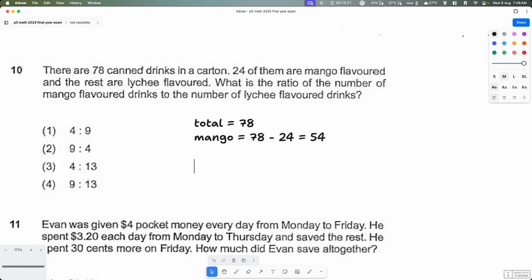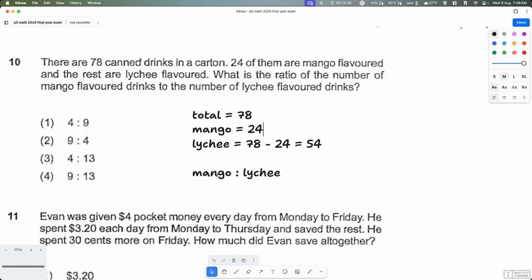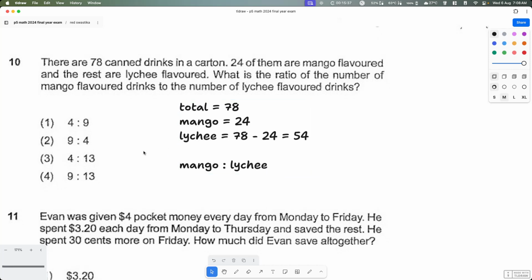So that means the ratio for mango to lychee. Wait, sorry, this is lychee, not mango. Lychee. Then we know mango is 24. Okay. So mango to lychee is, in this case, mango is 24 is to lychee, which is 54. So from here, can we divide by, in this case, 24 and 54?